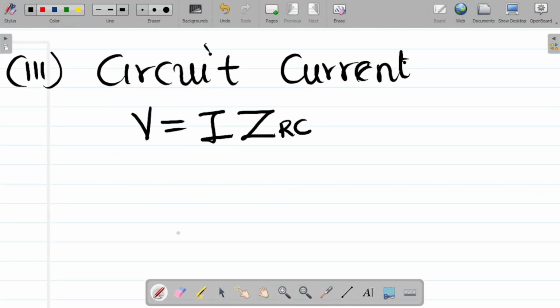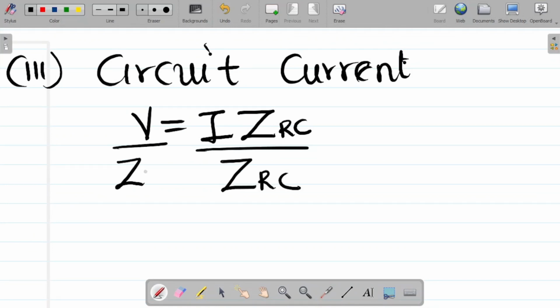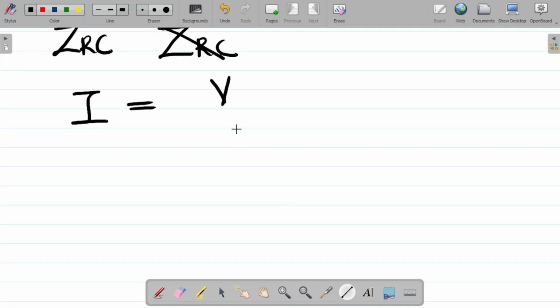With V is equal to I ZRC, let's find I. I'll divide both sides by ZRC. This cancels this. So you have that I, the circuit current, is equal to the voltage all over ZRC. Let's bring in values.